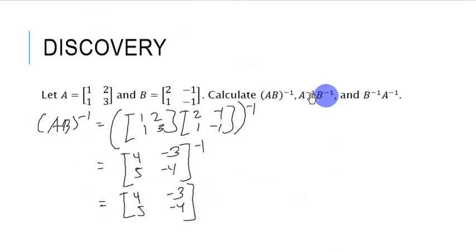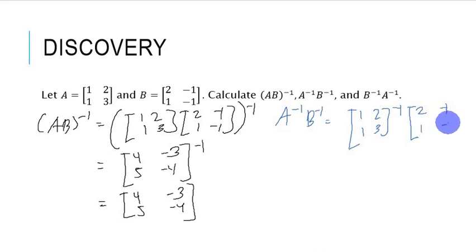Let's now look into A inverse times B inverse. So let's write it here. A inverse times B inverse would be equal to getting first the inverse of matrix A, then multiplying it to the inverse of matrix B, like this one.